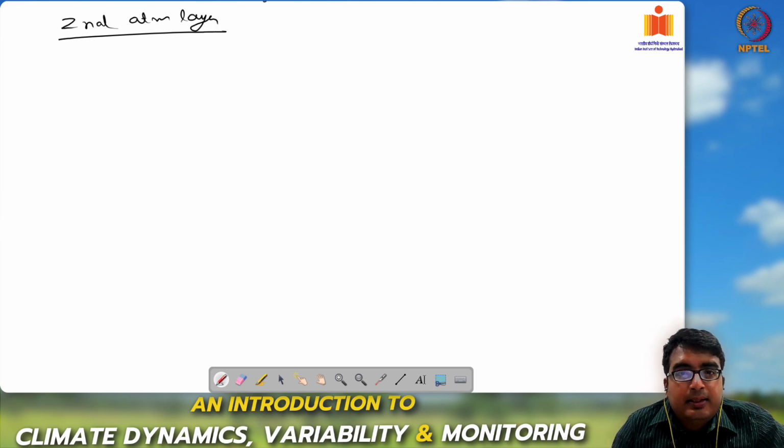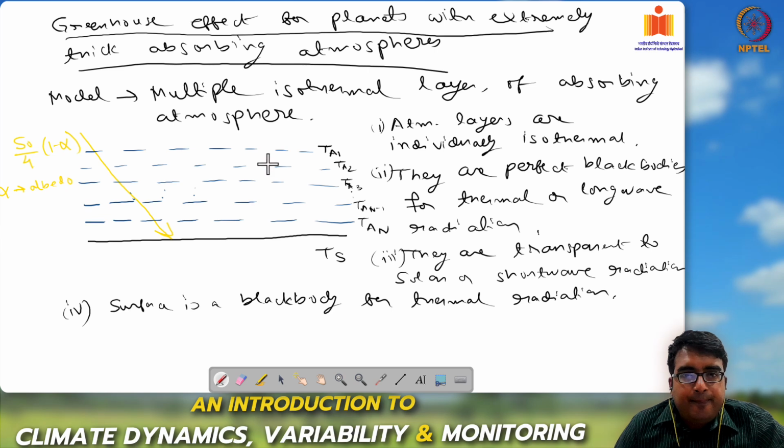For the second atmospheric layer, this layer here, what you are getting? Emissions from the top atmospheric layer and the third atmospheric layer going in, and twice sigma Ta to the power 4 going outwards.